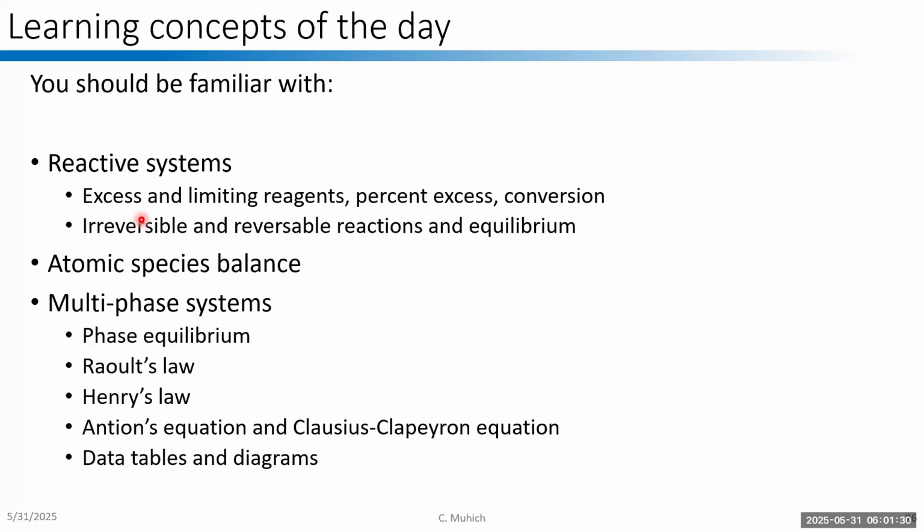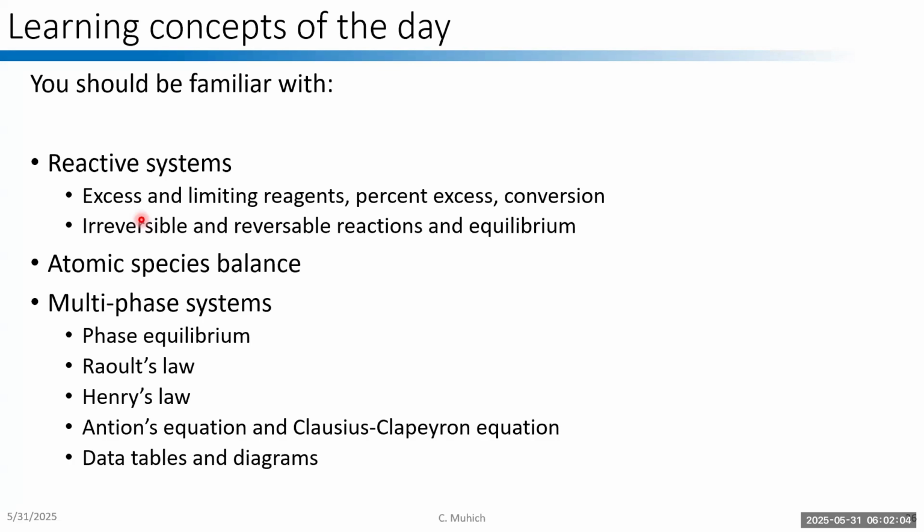We also talked about atomic species balances, where we say that individual atoms cannot be created or destroyed, and therefore we can perform balances on the total set element by element. Of course, we can mix and match. We can do some elemental balances, some mole balances, some mass balances, right? All these things can be mixed and matched to pull out the information we need.